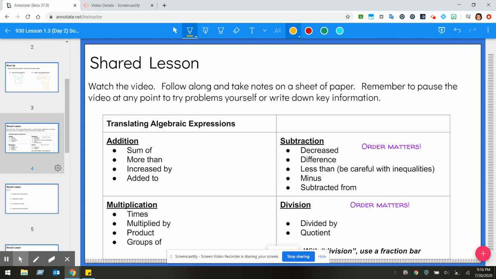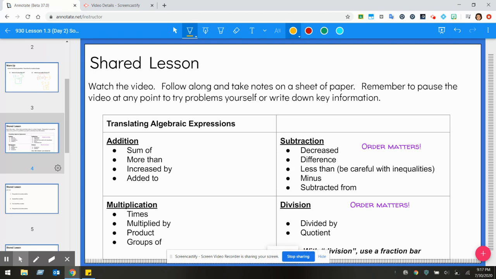For subtraction, you may see decreased by, difference, less than, minus, subtracted from. One big key thing here, with subtraction, the order matters. So how you actually read the words makes a huge deal of how you're actually going to write the expression or the equation. So we're going to come back to that order matters.